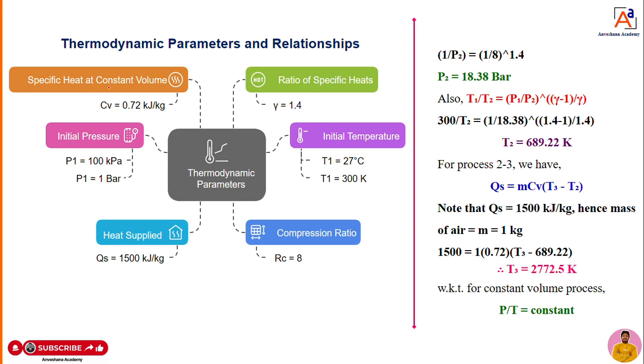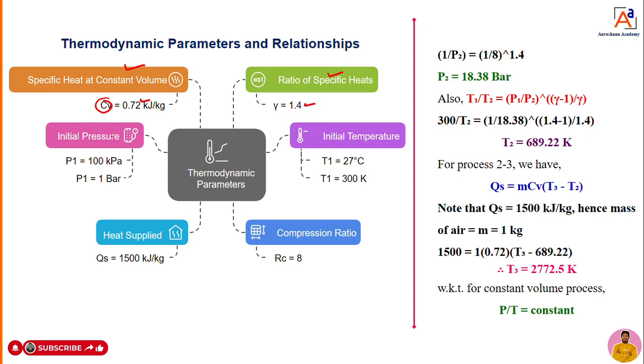So, dear students, I will list out the given data. Specific heat at constant volume is important. Constant volume and constant pressure both will come, but this is a constant volume process, the Otto cycle. The constant pressure process is the diesel cycle, which we will see later. Hence he has given specific heat at constant volume as 0.72 kilojoules per kg, and the specific heat ratio gamma is equal to 1.4.